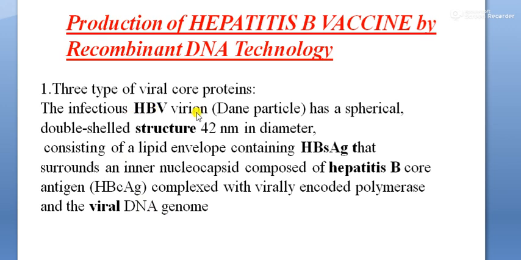Infectious HBV particles have spherical double-shelled structures about 42 nm in diameter, consisting of lipid envelopes containing HBsAg, Ag indicating antigen, that surround an inner nucleocapsid composed of hepatitis B core antigen, indicated as HBcAg, complexed with the viral-encoded polymerase and the viral DNA genome.